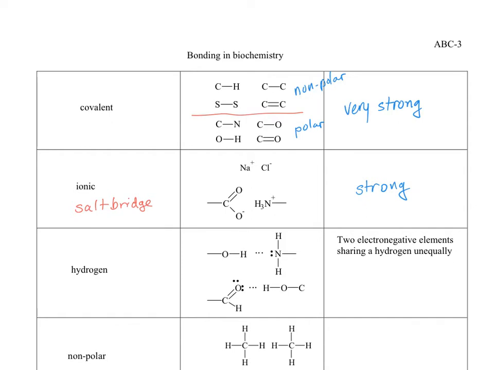In your previous chemistry classes, you might have seen things like sodium chloride or other inorganic types of ionic interactions. In biochemistry, those aren't irrelevant, but we're going to more often see organic interactions, such as we see here between a carboxylate negative charge and a protonated amine positive charge. That is a very common interaction we're going to see, especially in this first unit.